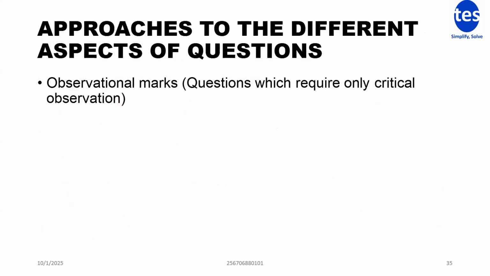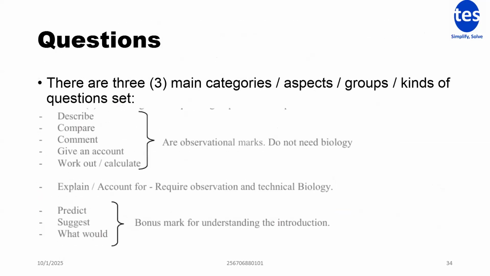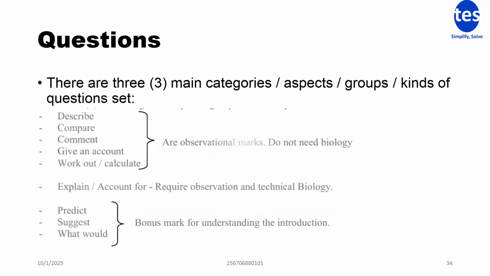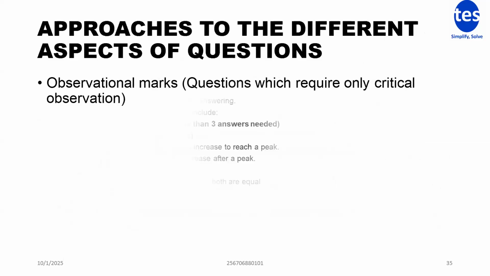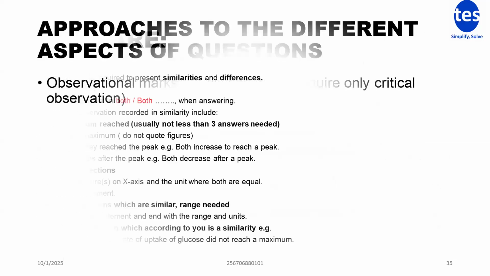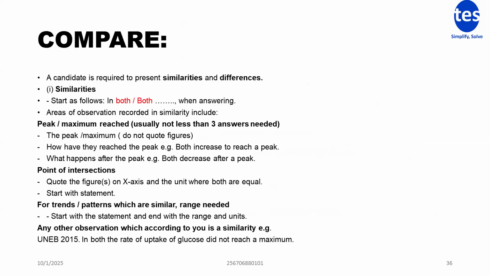Maybe I think we shall briefly also go through the most common approaches. Of course, we have the most common things being compare. For compare, you must give similarities and differences. Okay?